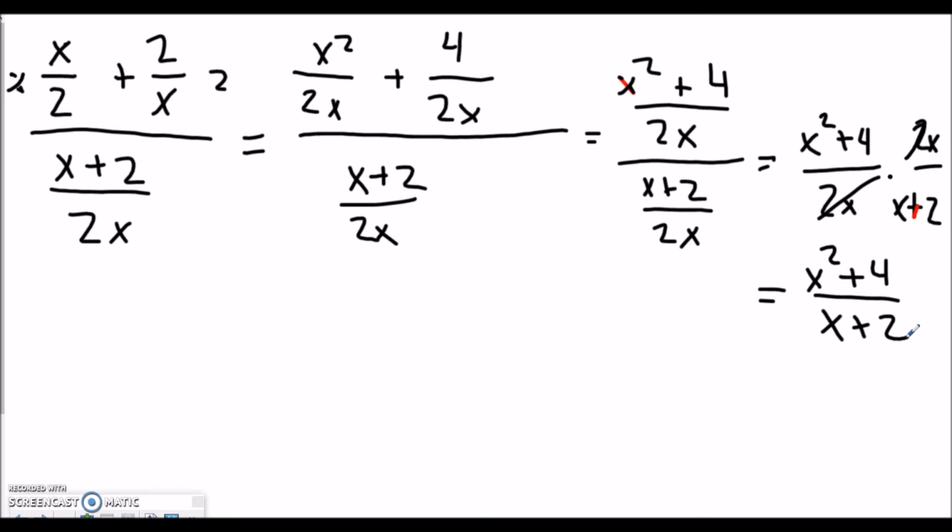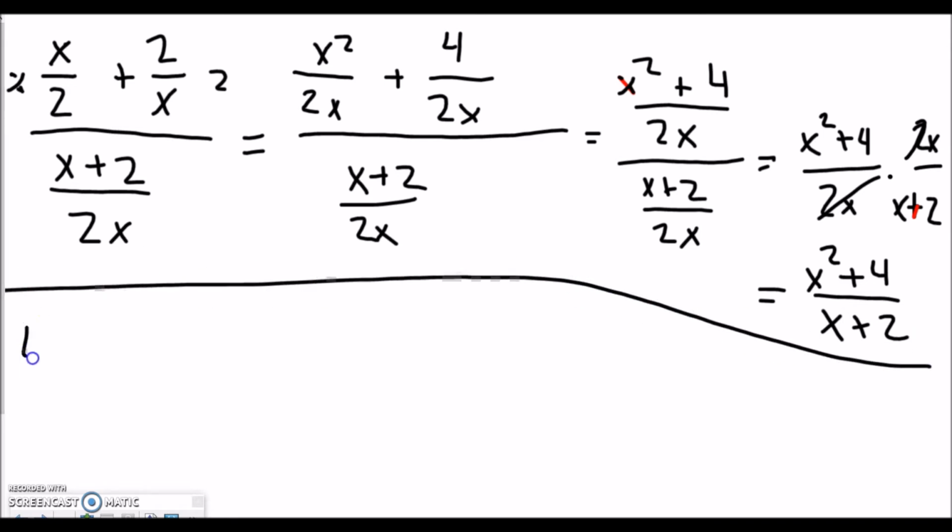What if we did it the other way? Well, the least common multiple of 2x and 2x is 2x. I would take all three fractions times that 2x. x over 2 times 2x, my 2's cancel.